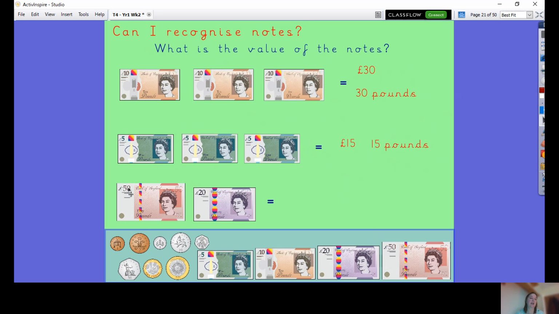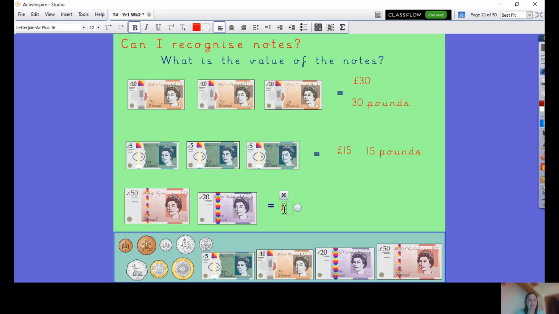Now I know that 20 is 2 tens, so I'm going to go 50, 60, 70. So this is 70 pounds. So I've got my pound sign there and I'm going to write 70 pounds like that.